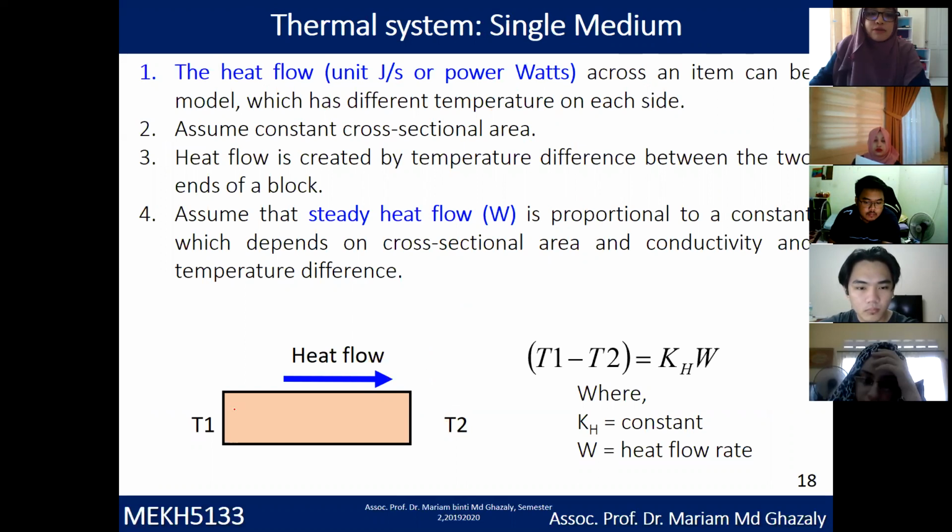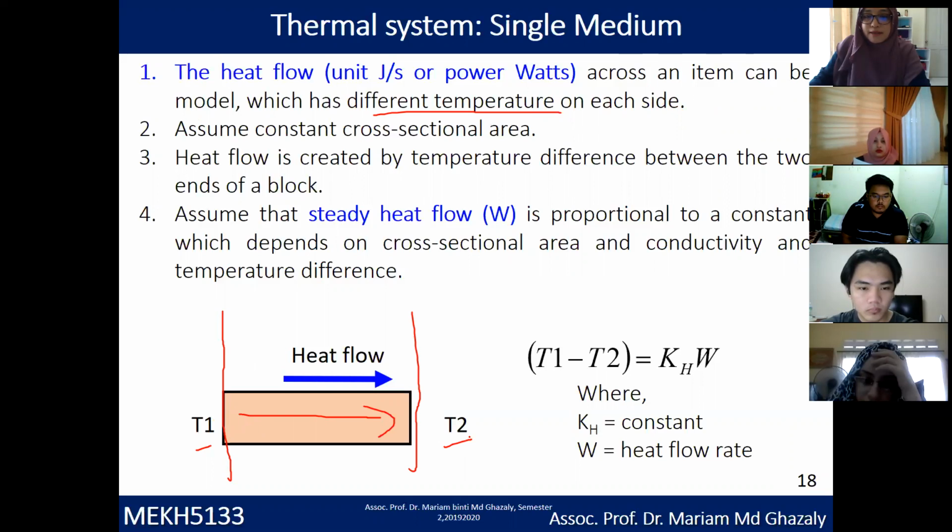Heat flow is in units of joules per second, or power in watts. So we have a medium, and heat flows through the medium. We have a different temperature on each side, T1 and T2. Can you imagine that?